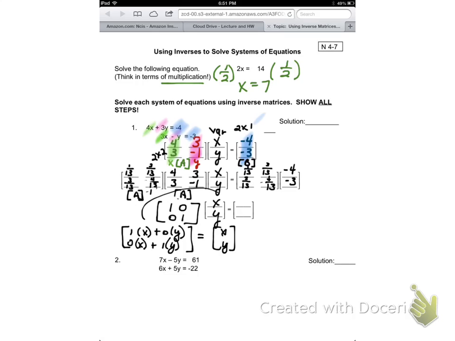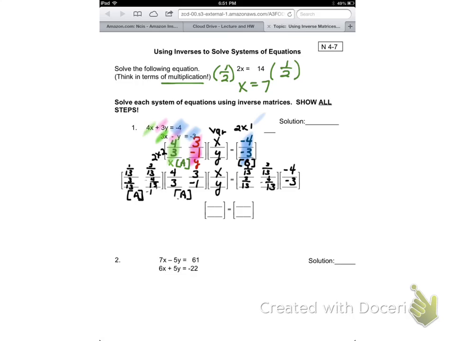So all of this multiplied just gives you that XY. So that's why we only write XY in this section, because all of this part multiplied just gives you the variable matrix.